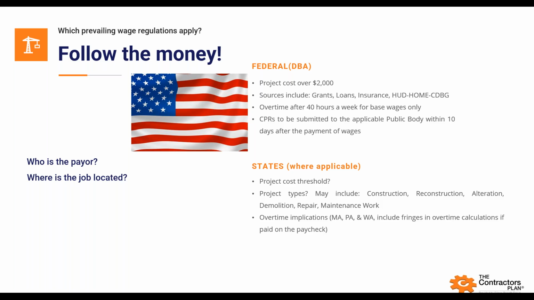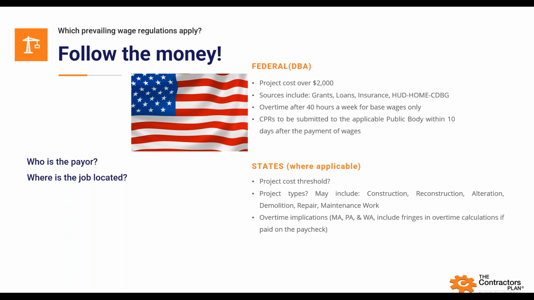Under Davis-Bacon, overtime is over 40 hours per week, and it's only for base wages. So if you've got, making this up, a $20 base rate and a $5 fringe rate, your overtime is time and a half on that $20, not the $25.